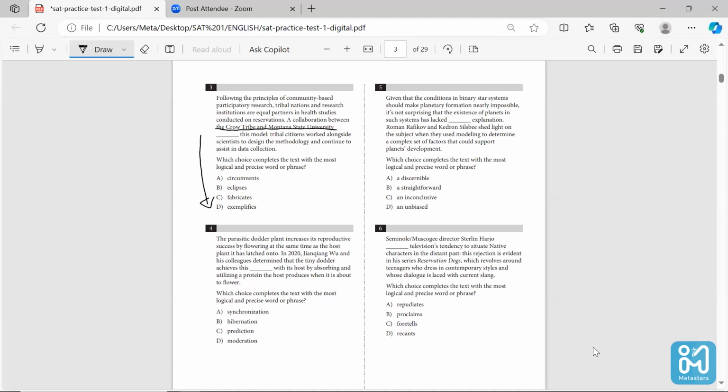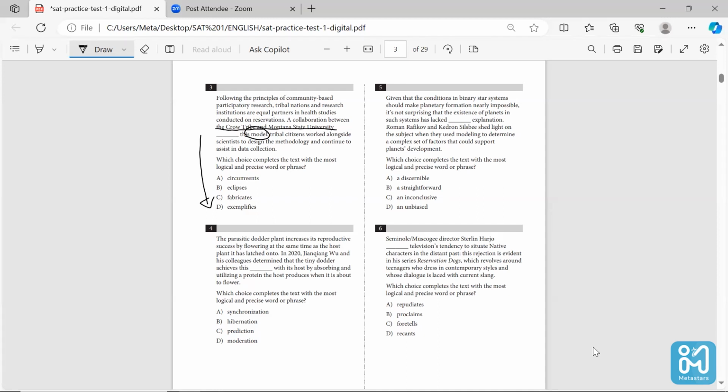Tribal citizens worked alongside scientists to design the methodology and continue to assist in data collection. I need a word that can help me with the model here. They work together. First of all, I need to cross out the negative one.